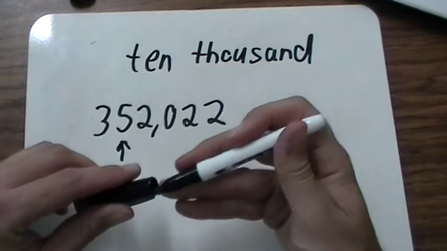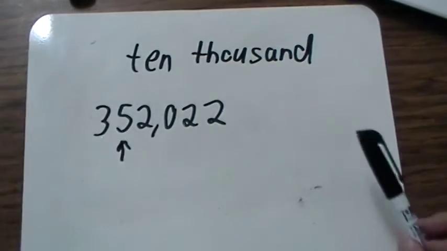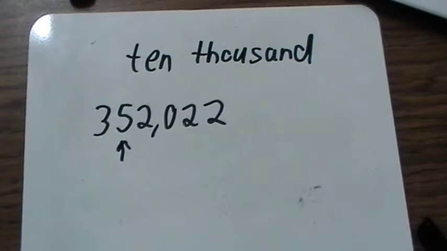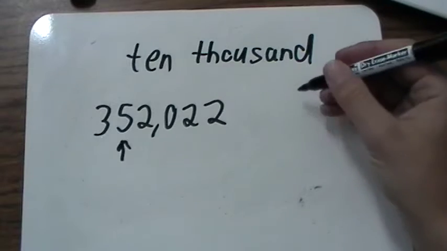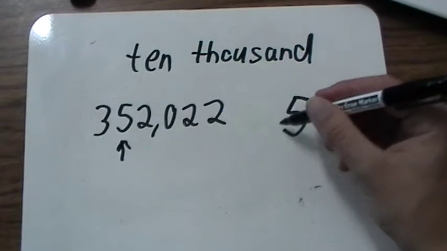Which one do you think I should round up or down to? Well, let's take a look. When I'm rounding, I have to look at the rule of the magic 5, okay?